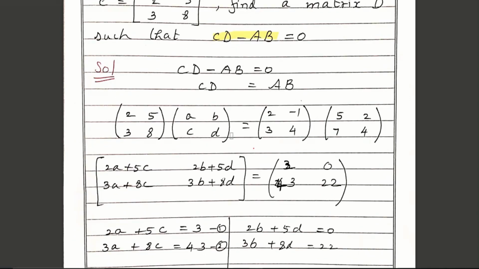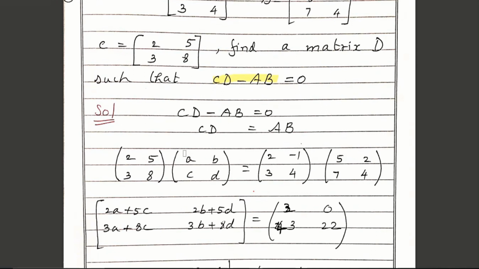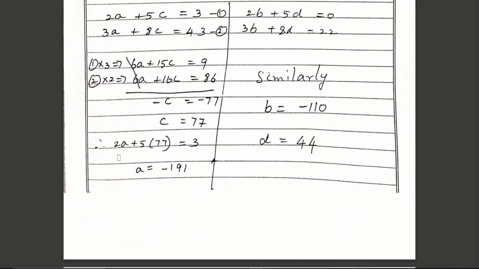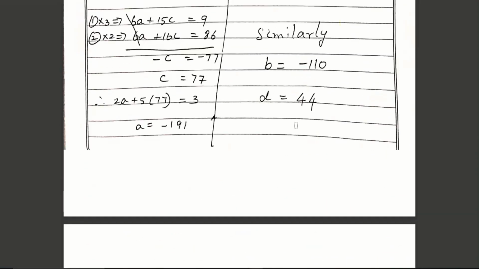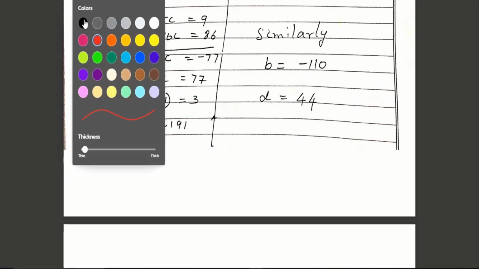Because the question is to find the matrix D. Now in matrix D we have filled in the elements a, b, c, d. So we should find what a, b, c, d are, and we have found them. It must be written in matrix representation. So you should write matrix D like this.